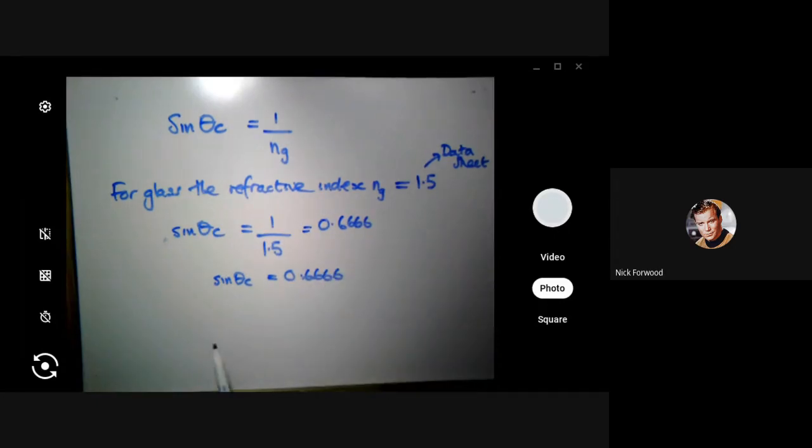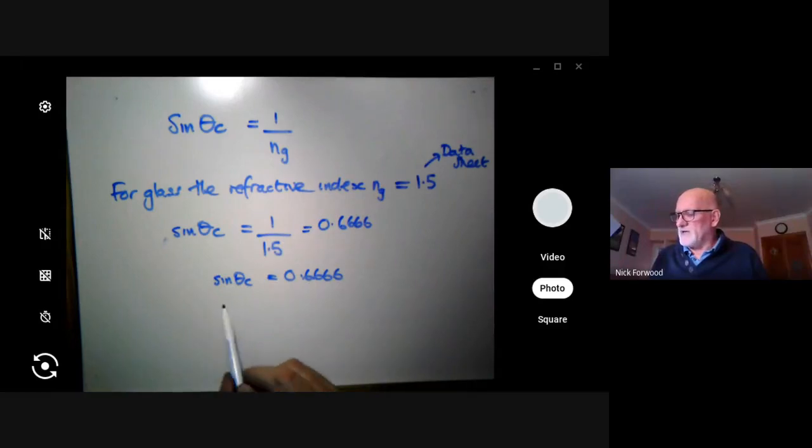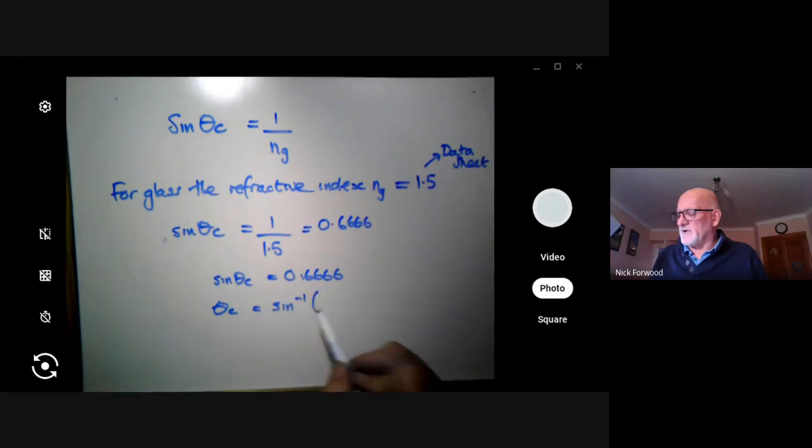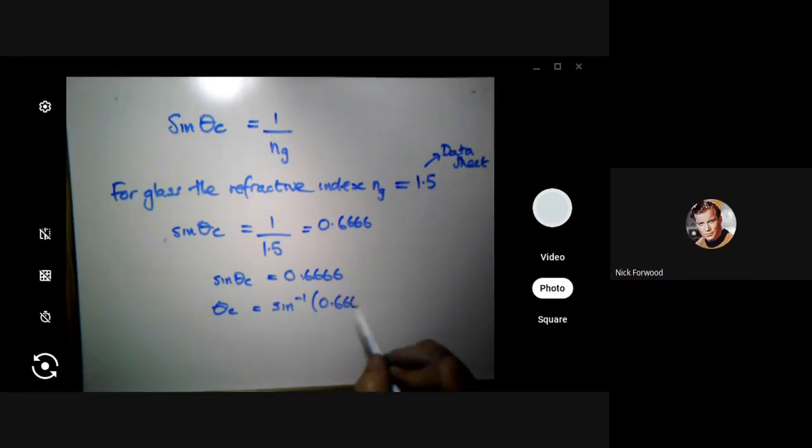If I want to find out what theta c is, I do sine to the -1 of 0.666, whatever it is in my calculator. I do shift sine inverse of the answer equals, and you'll need to do this yourself, and it's 41.8 degrees.